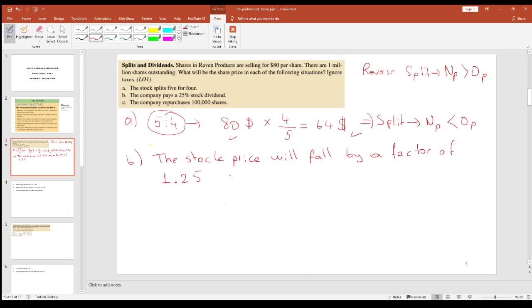So the $80, the old price of the stock, I should divide by a factor of 1.25, so I will get exactly the same result as we found in A. Here, 64.